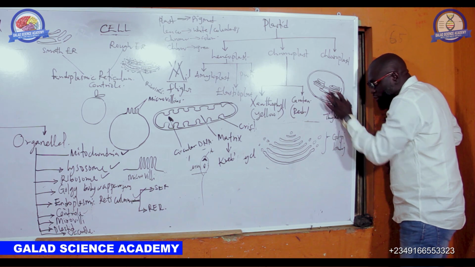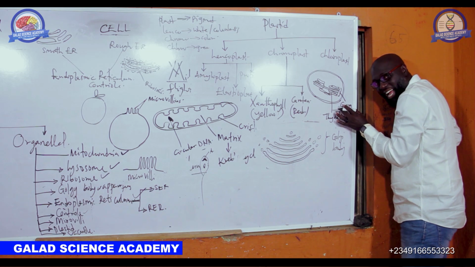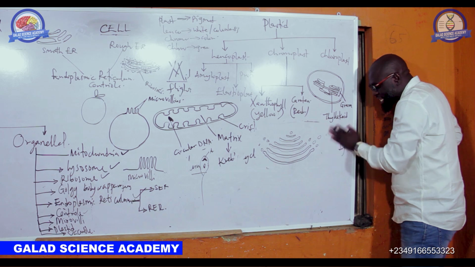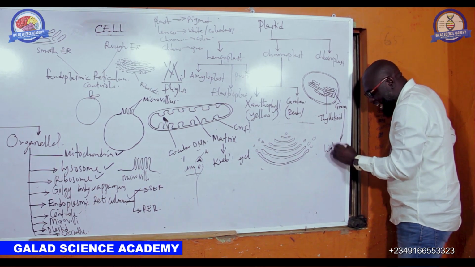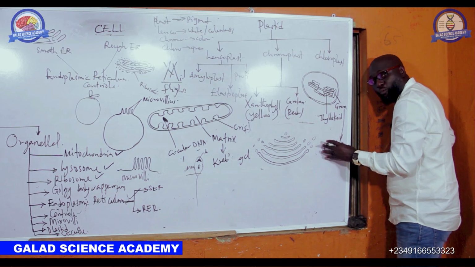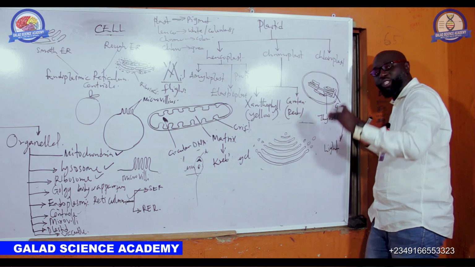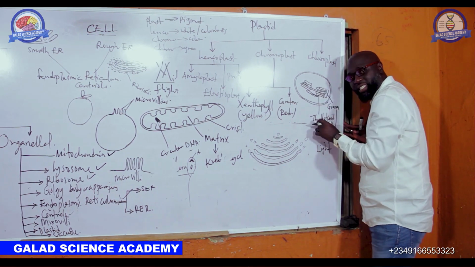A unit of this is what? Thylakoid. And this grana is a place where the light reaction stage of photosynthesis occurs. The light stage of photosynthesis takes place in what? In the grana of chloroplast.